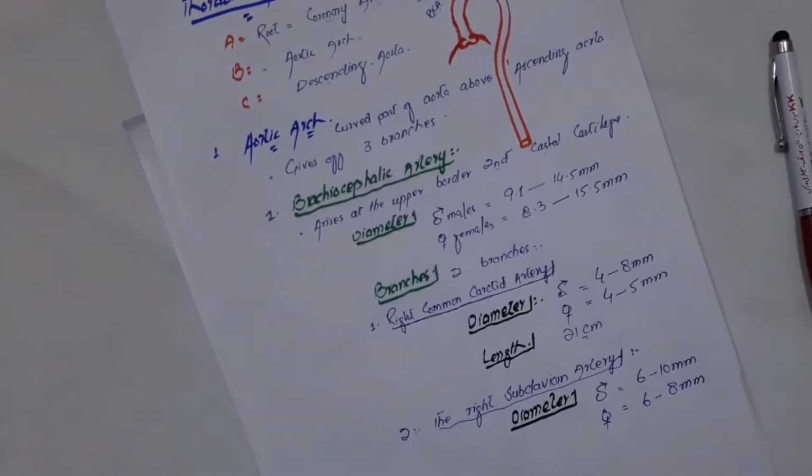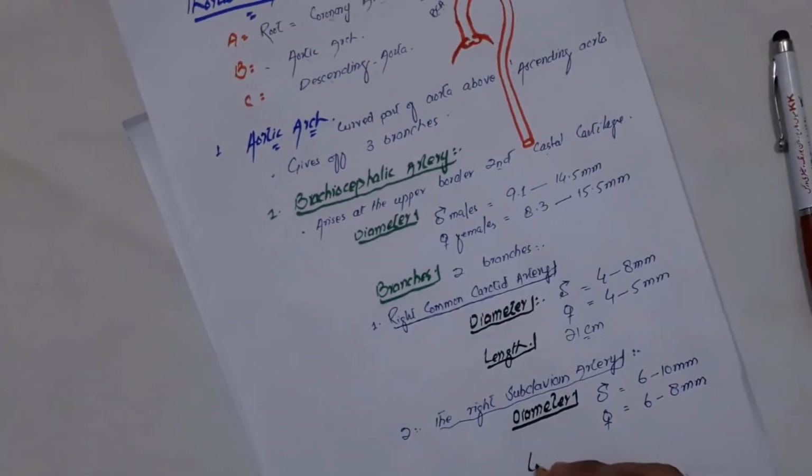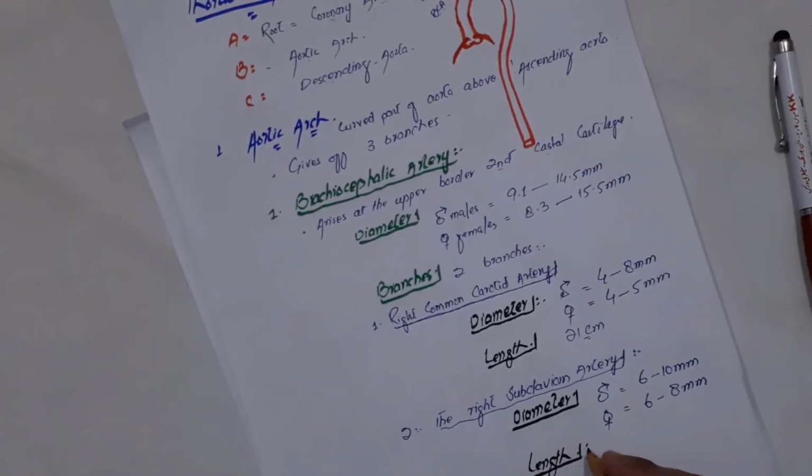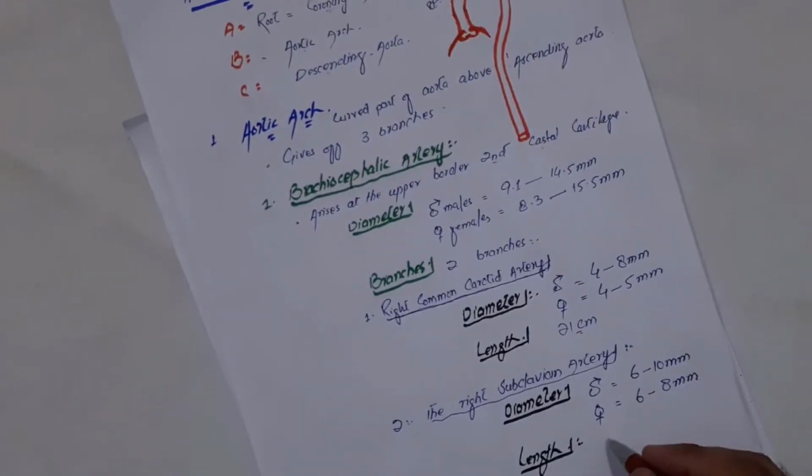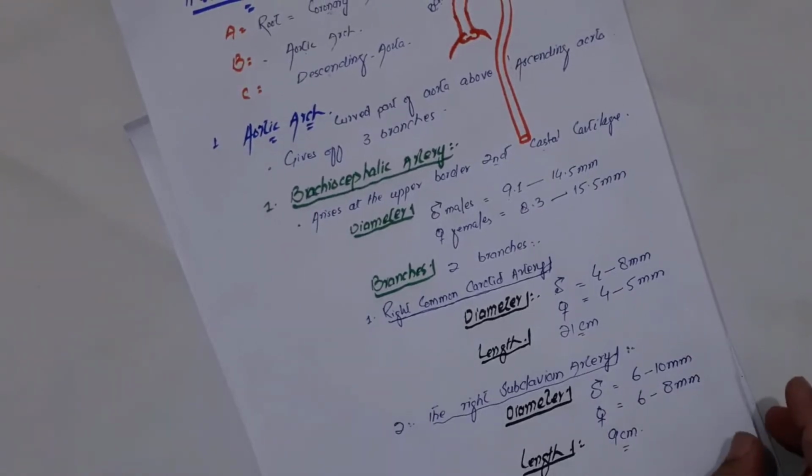And what is the length of the right subclavian artery? So its length is about 9 centimeter.